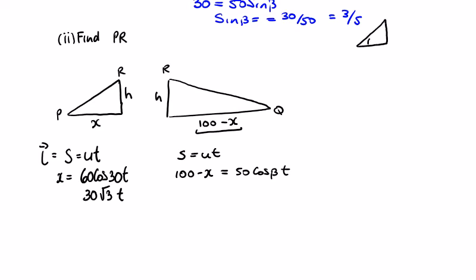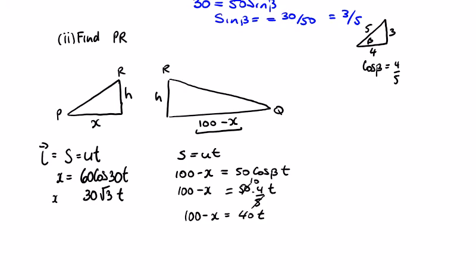Just put your sine in, O over H, and we know this is a 3, 4, 5 triangle, so the cos of beta is 4 over 5. So 100 minus X is equal to 50 times 4 over 5 times T, and you can see that's going to give me 40T. 100 minus X is equal to 40T.